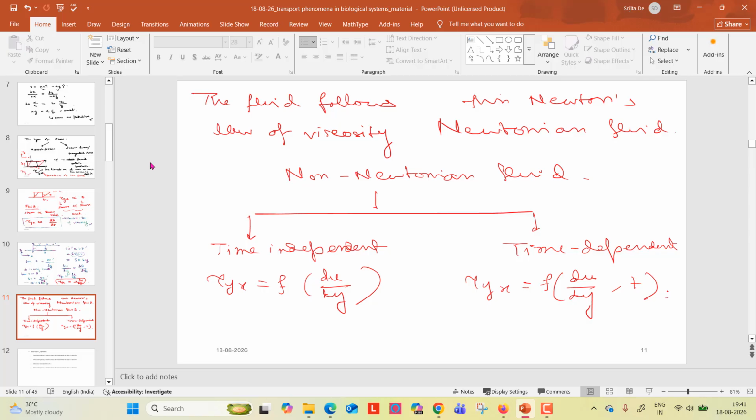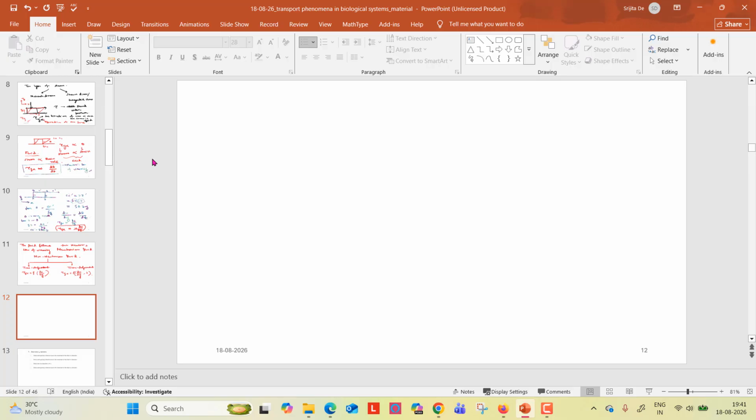For the time independent cases, we call it power law fluid.